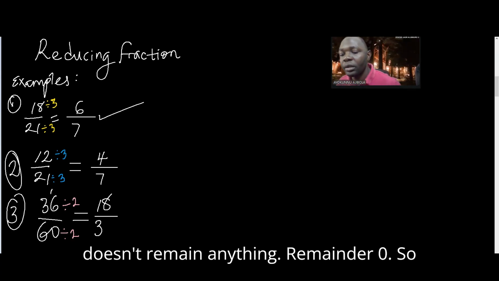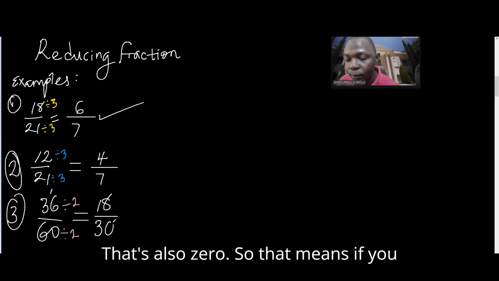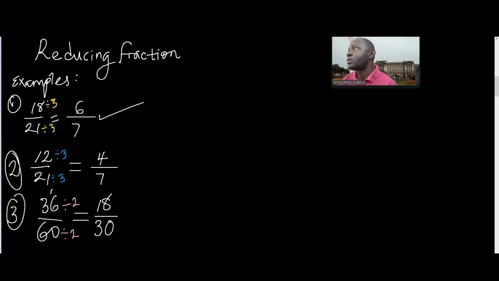That's 3. Does it remain anything? It doesn't remain anything. Remainder 0. So how many 2 goes in 0? That's also 0. So that means if you divide 60 by 2, you get 30, right? Yes.